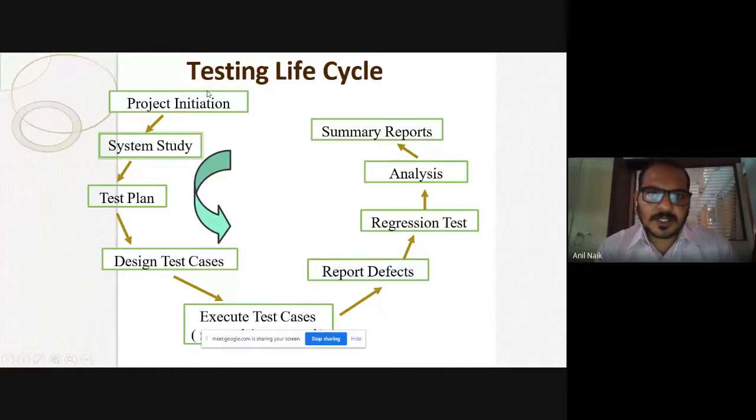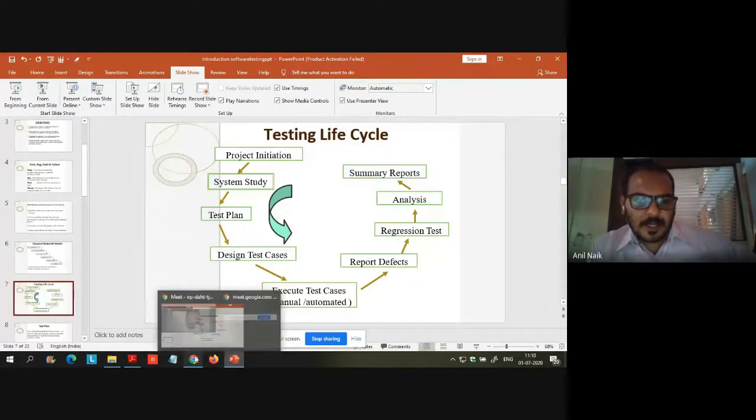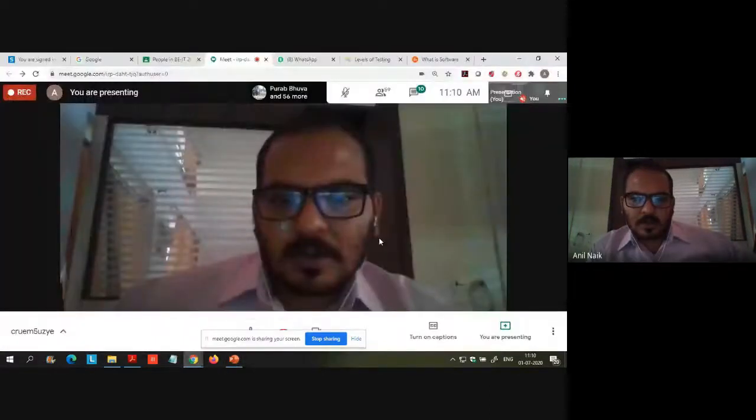So how does the testing life cycle proceed? It proceeds with the project initiation, then system study, a study of the complete project system, then test planning. We need to plan for the testing, because before any work we need to plan.